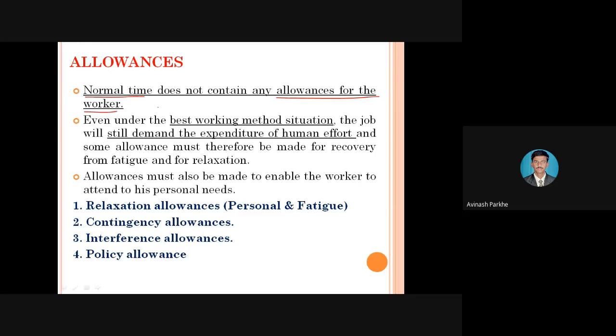But sometimes it is not possible, so we have to provide different types of allowances, because in between those 2 to 3 hours the worker has to take rest. Maybe he has to go for water, change the coolant, or change the oil.